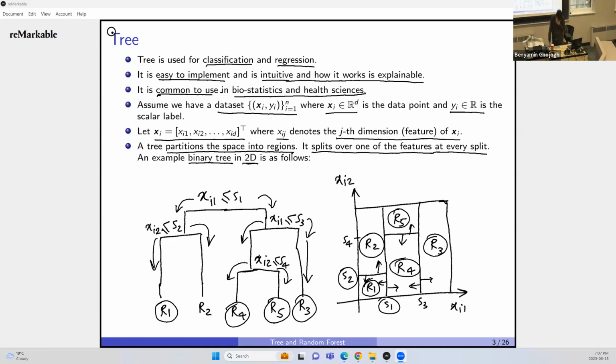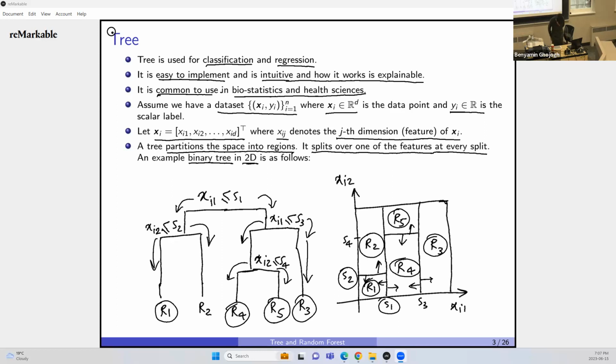And also in machine learning, we have tree for classification. I think I mentioned it in the introductory slide of the course.